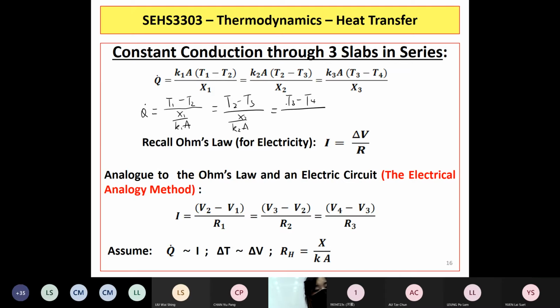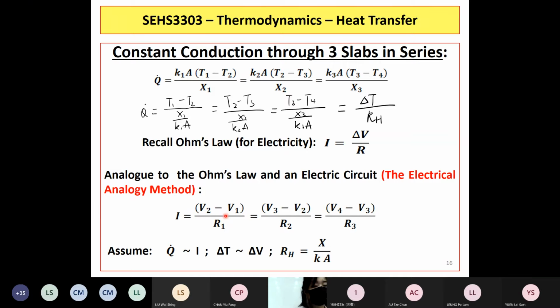The temperature drop, the temperature difference divided by, according to Ohm's law, if we have an electric circuit, okay, current equals the drop of voltage divided by the resistance, the resistor.